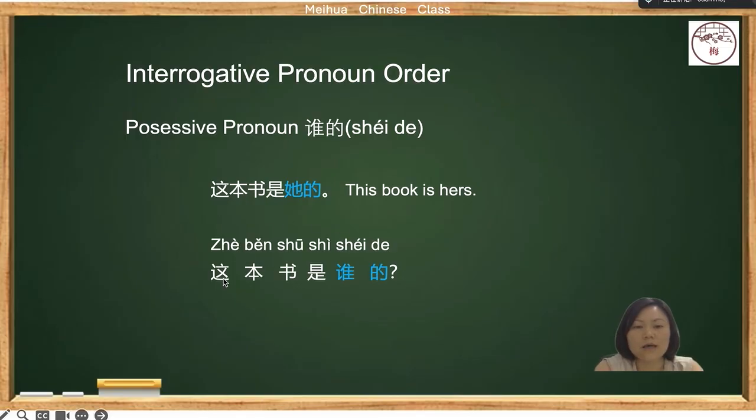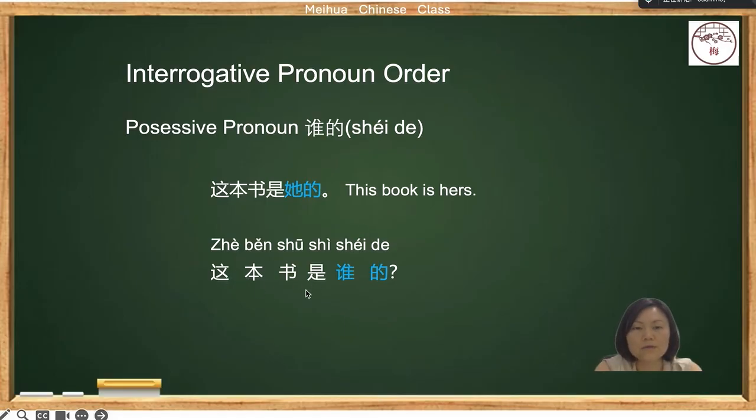In Chinese, if you still remember, we don't change the order, right? We just replace the word, the syntax role, with its corresponding interrogative pronoun.